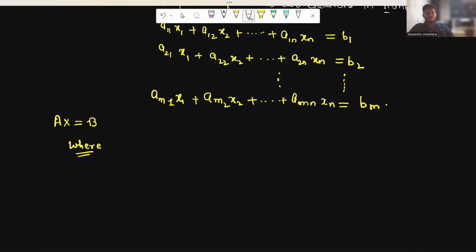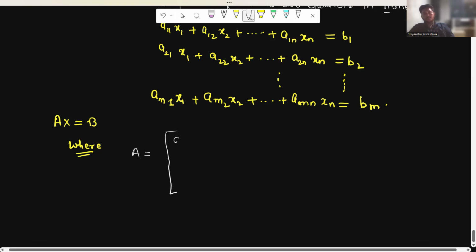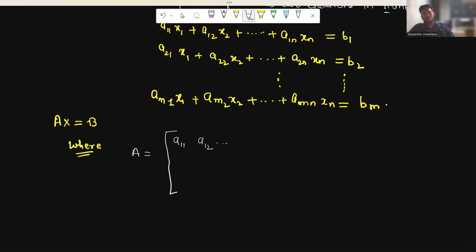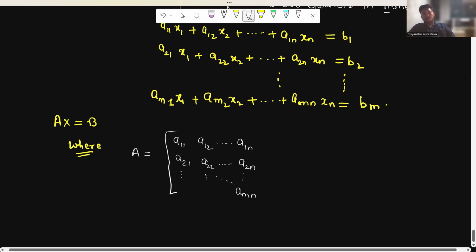Where for matrix A, the elements are a11, a12 going up to a1n, and second row a21, a22 going up to a2n, and lastly am1, am2 up to amn.